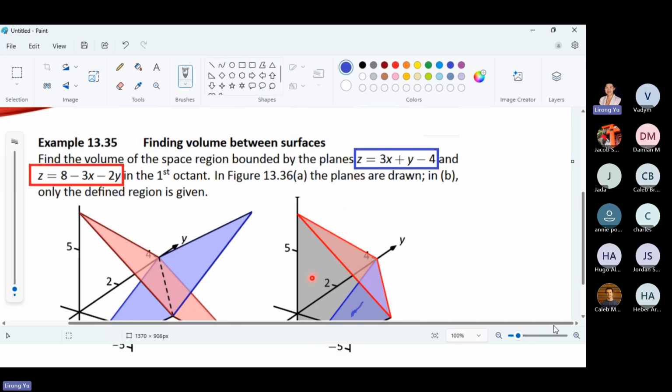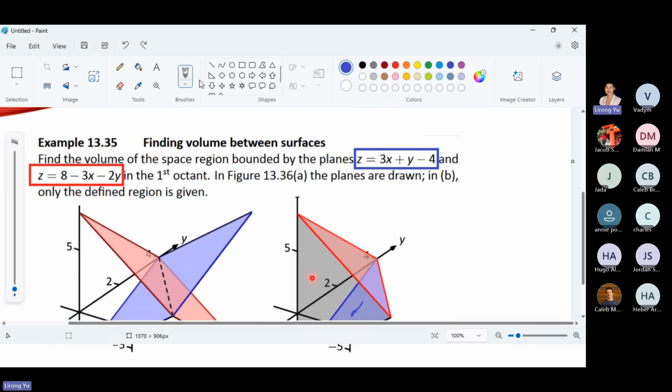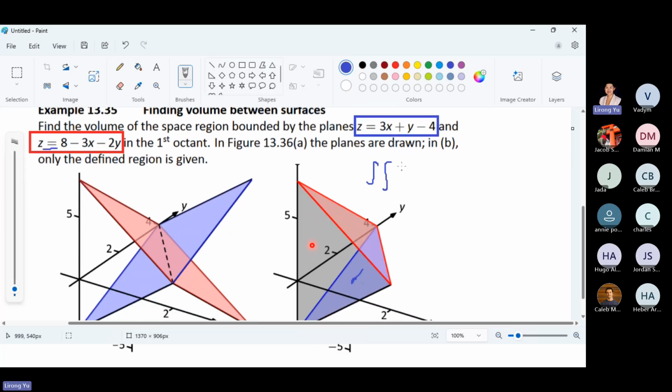So according to what we have in this volume, the gray volume in between these two surfaces, we should be able to calculate it by a double integral. You're going to take the top surface, 8 minus 3x minus 2y, minus the bottom surface, 3x plus y minus 4, and then dA.